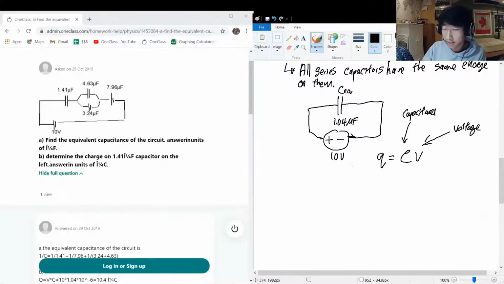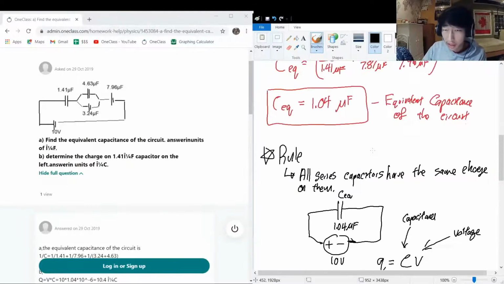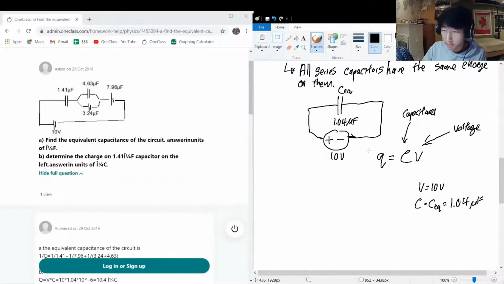The voltage across the entire equivalent capacitor network is 10 volts, so V is equal to 10 volts, and C is equal to CEQ, which is 1.04 microfarads. We multiply them together to get the charge.